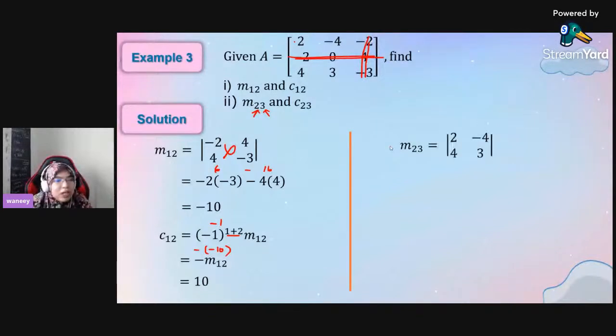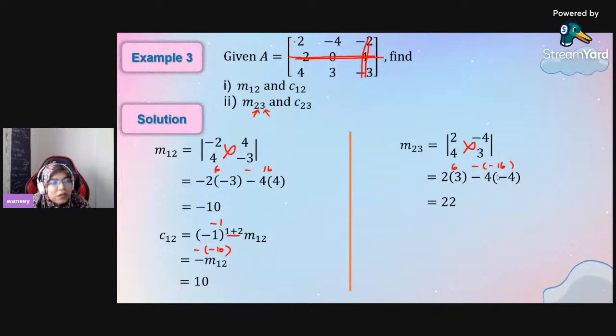So I have to calculate the determinant of 2, -4, 4, 3, and then AD minus BC. So A times D, 2 times 3 minus 4 times -4. 2 times 3 is 6, 4 times -4 is -16. So 6 minus -16 gives us the answer 22.